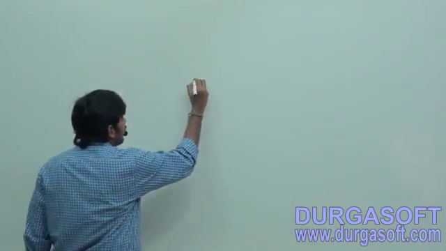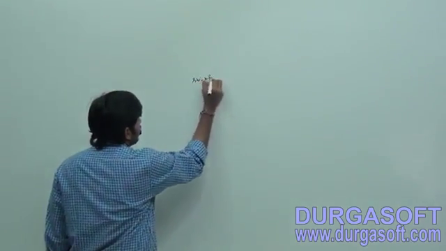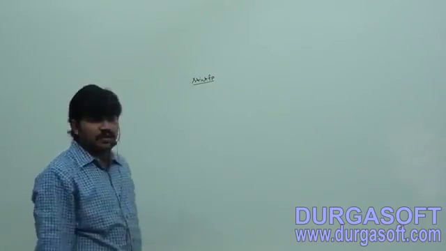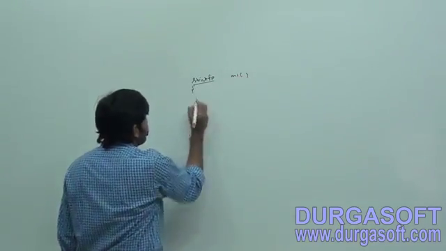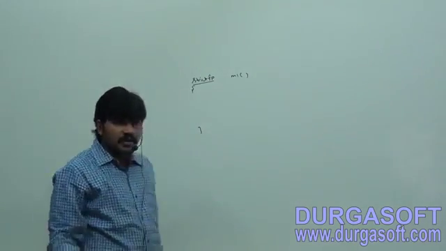Now the next point, take very special care about this one. If you remember, somewhere in the last classes we covered strictfp method. If a method is declared as strictfp, Anna, can you tell what it means?